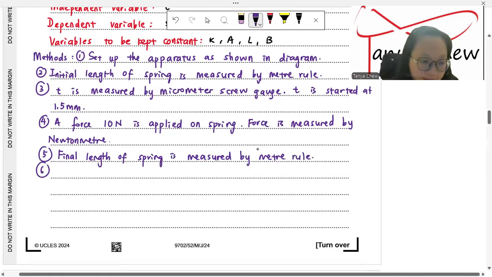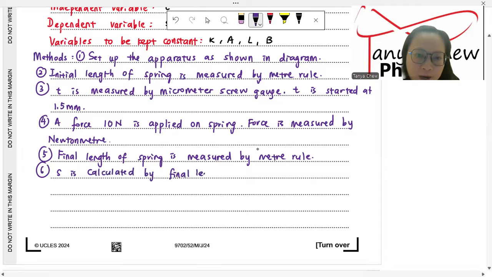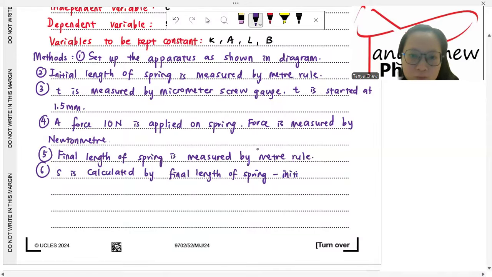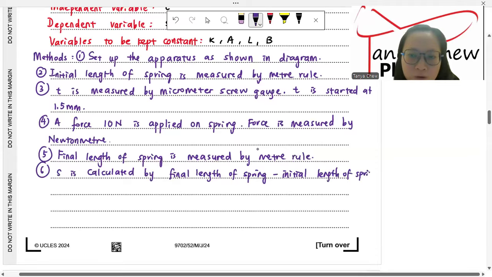And then after that, S, I just need to tell how I calculate S. S is not measured, it's the extension. S is calculated by final length of spring minus initial length of spring.